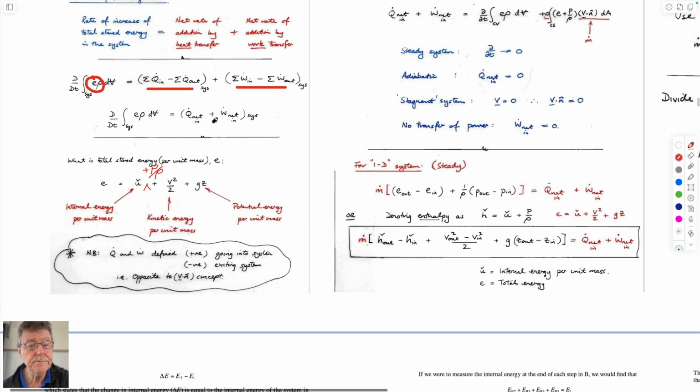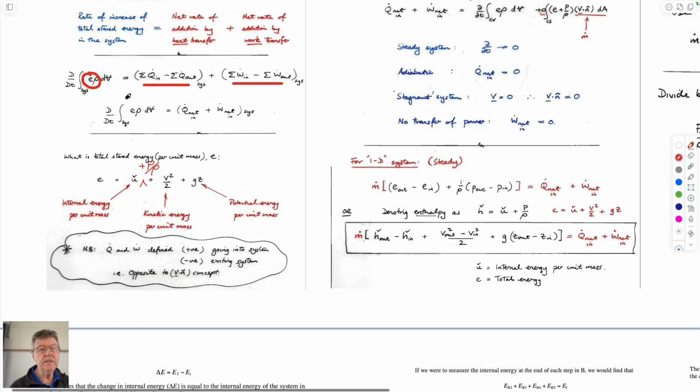It's interesting it doesn't. We could define this internal energy in terms of both flow rates and elevations within the system. These probably don't matter for us in what we're doing here. But the internal energy was defined in terms of internal energy plus pressure over density.